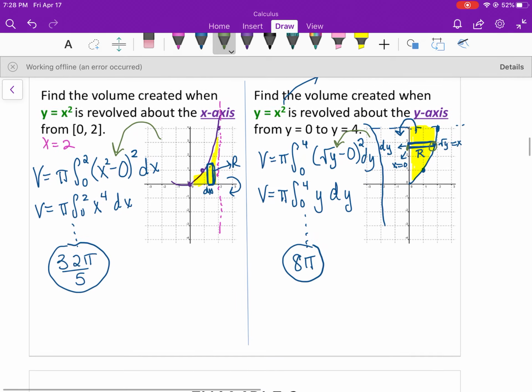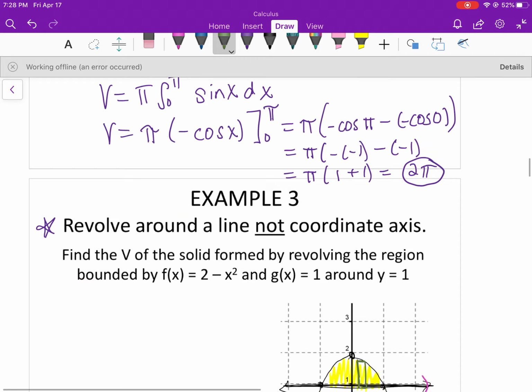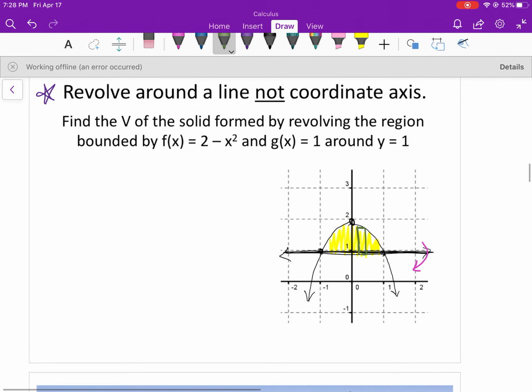We're going to carry on with that, and the volume is the integration of pi, and we can go from -1 to 1, or we can double 1/2 of it, doesn't matter.